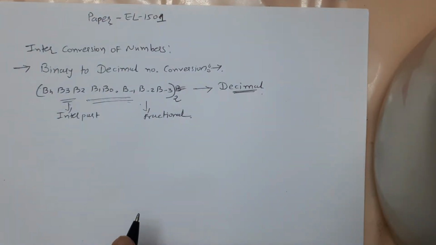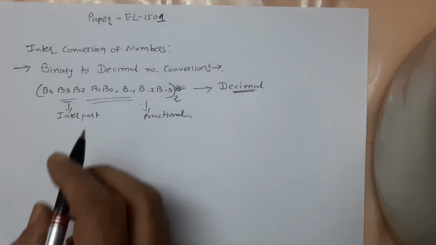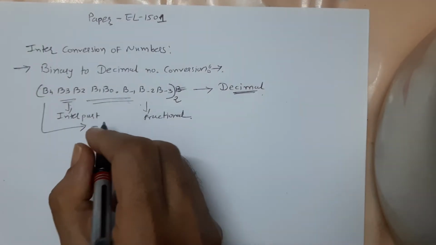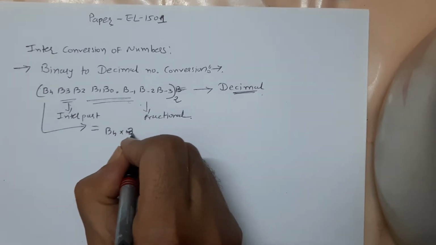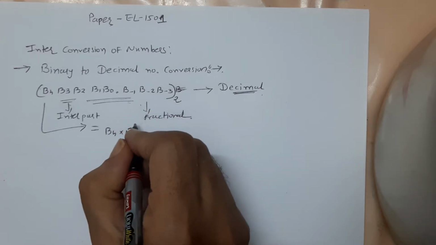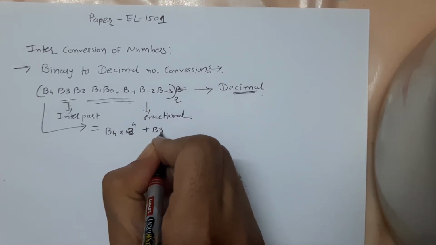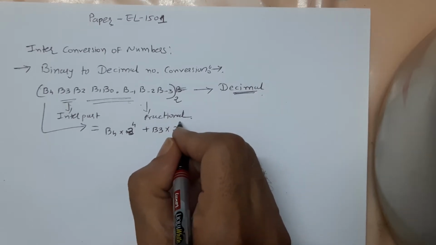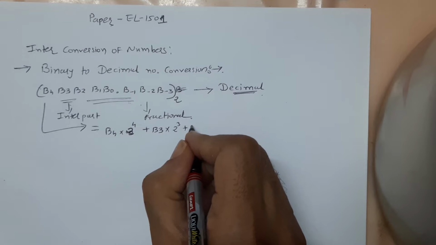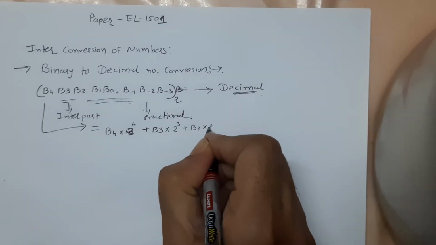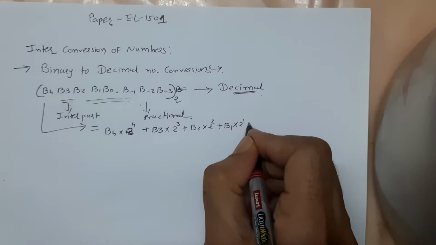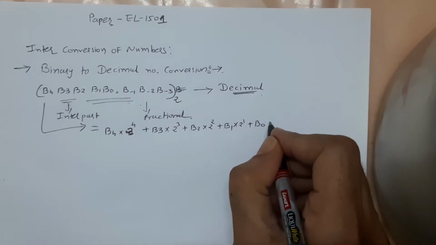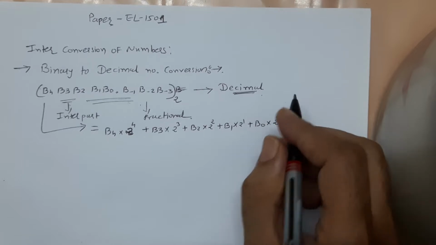So first of all we convert this. The decimal equivalent of this is equal to B4 into 2 raised to 4 plus B3 into 2 raised to 3 plus B2 into 2 raised to 2 plus B1 into 2 raised to 1 plus B0 into 2 raised to 0, point.